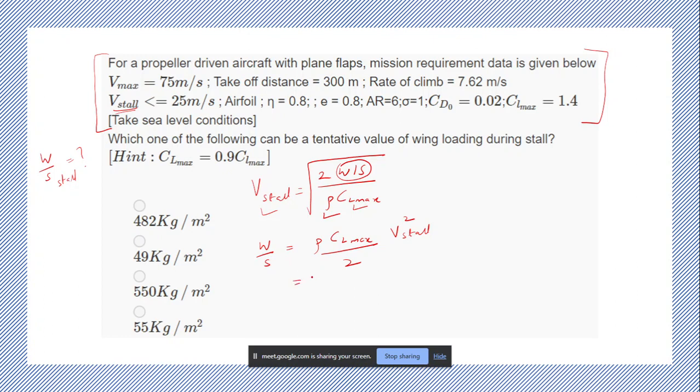So rho is 1.225, CL max is 0.9 into, what is the value given? 1.4. 1.4 by 2 into Vstall square. So Vstall is less than or equal to 25. So 25 square. What is this value?